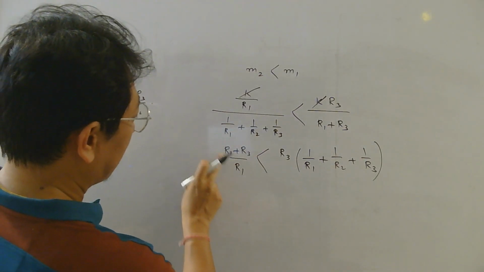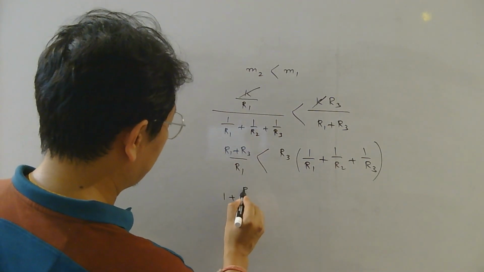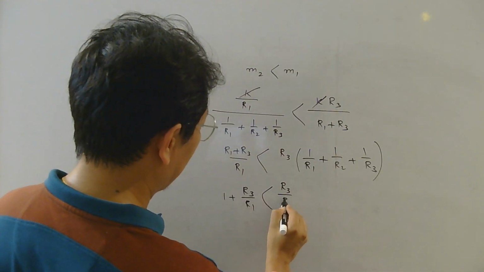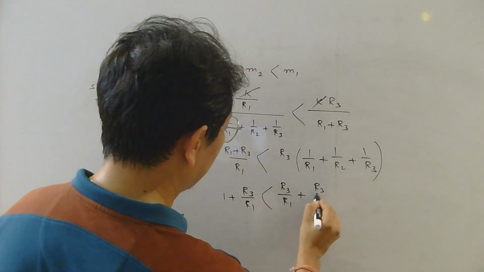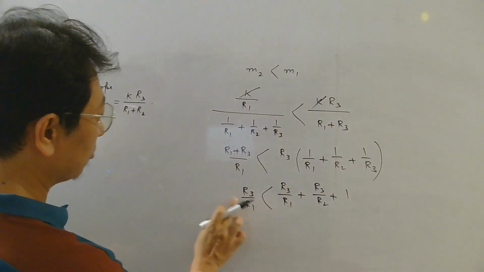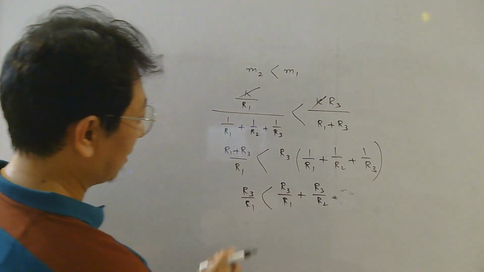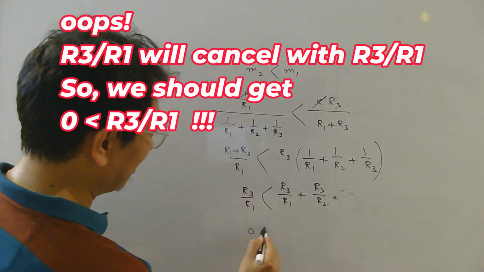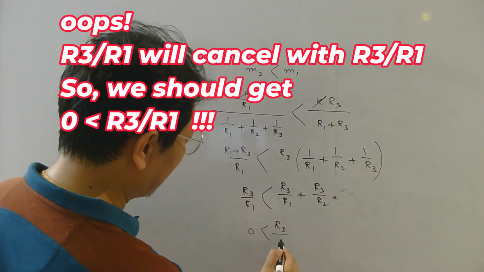So here if I divide R1 by R1, I'll get 1 plus R3 by R1 less than R3 by R1 plus R3 by R2 plus R3 by R3, which will be 1. This one and this one I can cancel. And this R3 by R2, if I bring it this side, I'll get 0 less than R3 by R2.